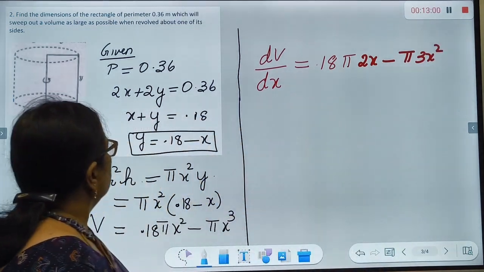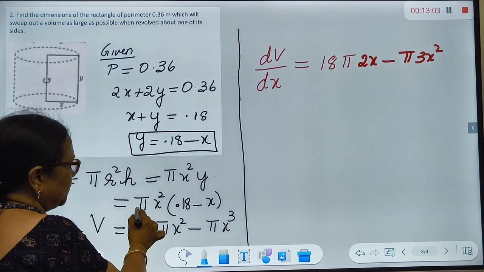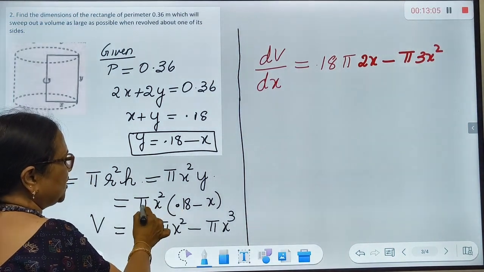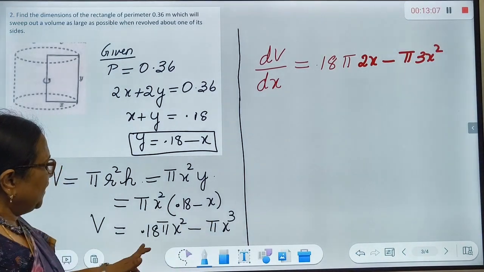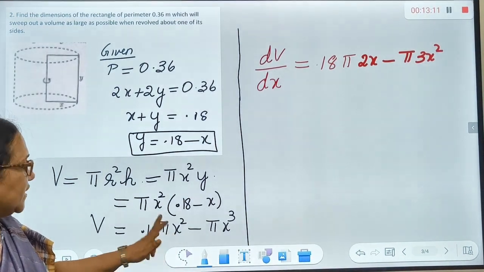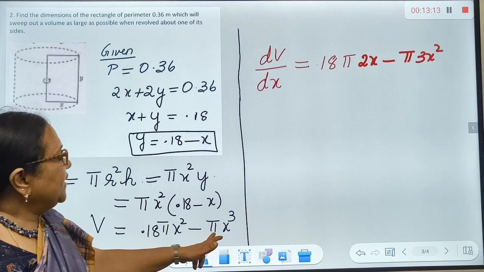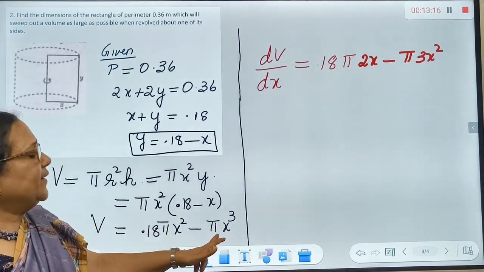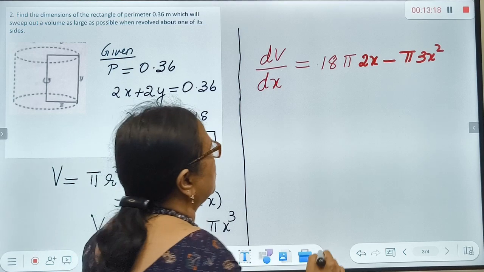I have differentiated V, which is 0.18 pi x square minus pi x cube. When I differentiate, 0.18 pi is a constant, so I differentiate only x square, which is 2x. Pi is a constant, and if I differentiate minus x cube, I get minus 3x square.